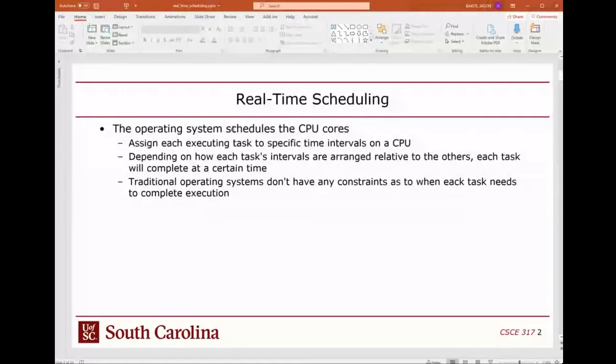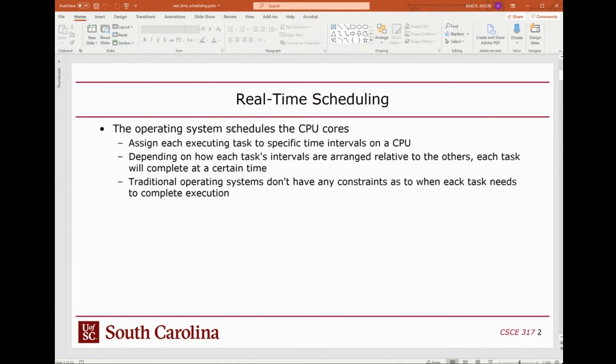Stop sharing that and go to here, real-time scheduling. I'm not sure how many of you have taken 311 operating systems, but even if you haven't, you probably know that one of the jobs of the operating system is to schedule the CPU cores.